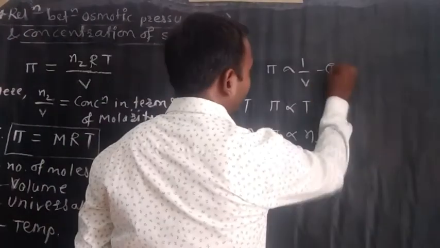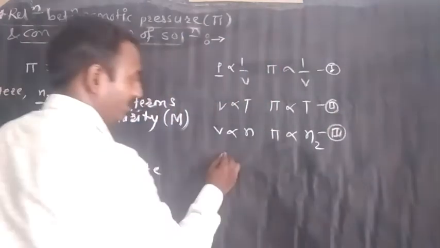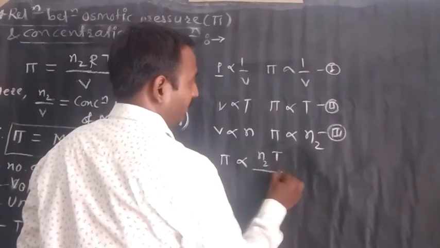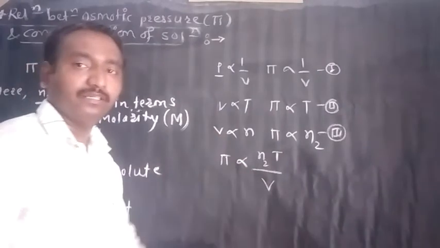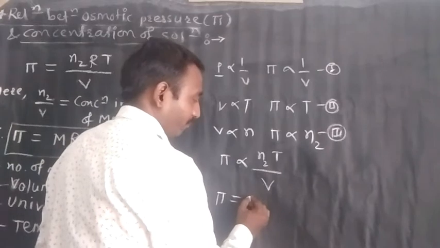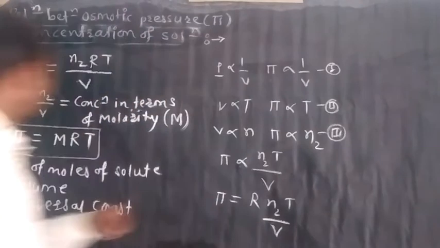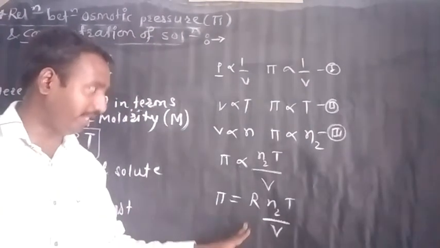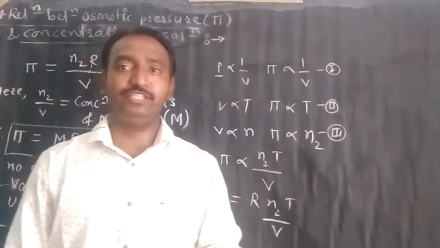From equations 1, 2 and 3, we can put a combined equation, that is pi is directly proportional to N and T, and inversely proportional to V. If this proportionality sign is cancelled, then the equation becomes pi is equal to, proportionality constant R, NT upon V. That means the equation becomes pi is equal to N2RT upon V. So keep in your mind, because it is also important regarding your NEET, CET and JEE syllabus.